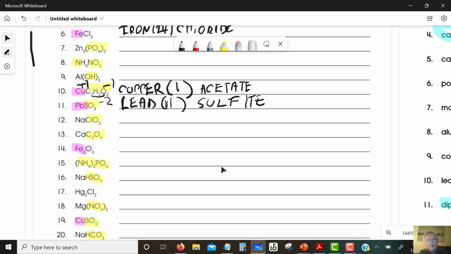So I put a Roman numeral 2 there. Again, for the rest of these, the clue is the polyatomic ion is in yellow, and the pink means that it's a transition element. You should leave room for a bracket.